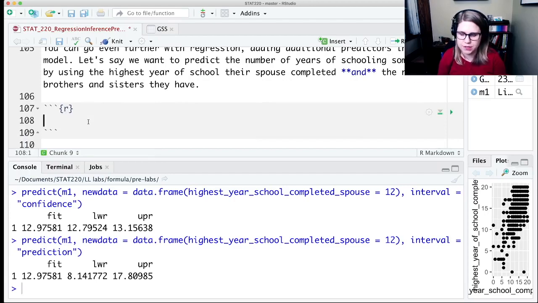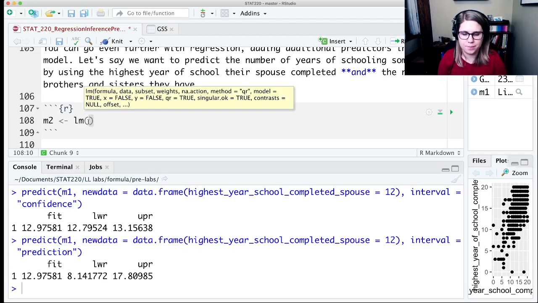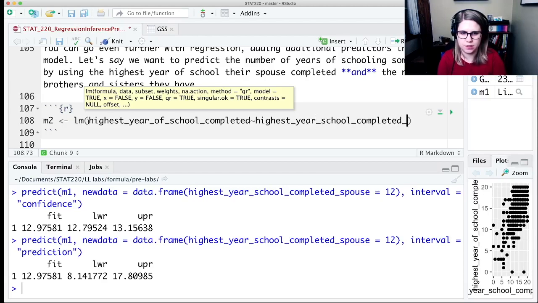So I'm going to write a linear regression model here. I'm going to call mine M2 because it's the second model that I'm making. And I'm going to use the assignment operator. And then I'm going to do LM, and I'm going to start with my response variable here, highest year of school completed, tilde, and then let's do one predictor, highest year school completed spouse.